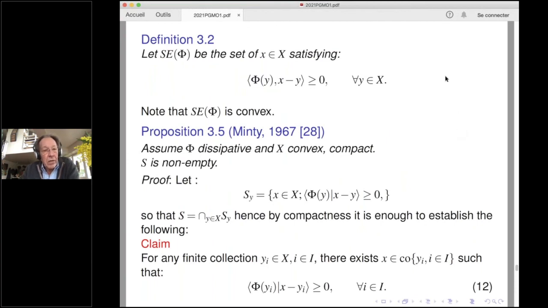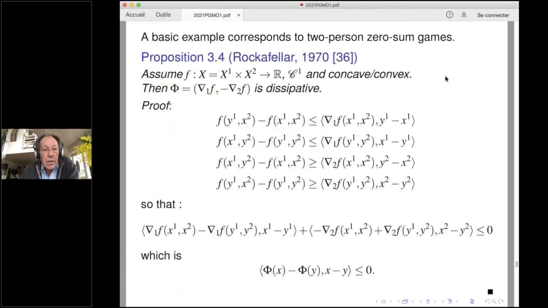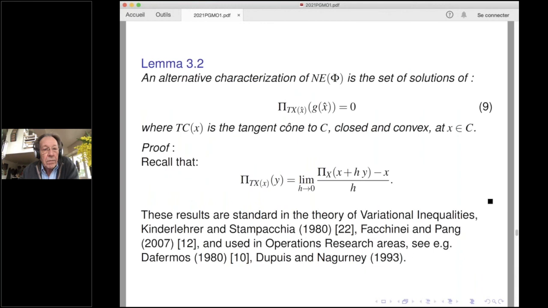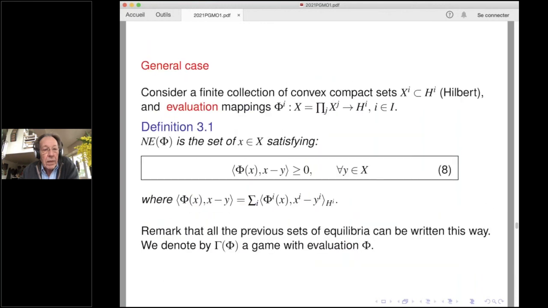I define now another set, SE. NE, think of Nash equilibria, was the set, I just go back to the definition, of x satisfying ⟨φ(x), x − y⟩ is positive. SE, I put y here.